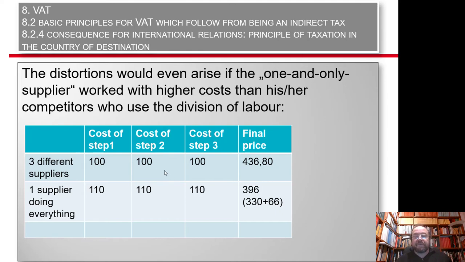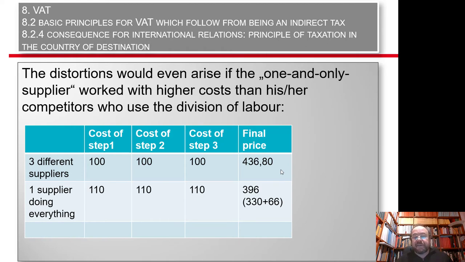Imagine again our 3 different suppliers A, B, C can perform their steps of production for a cost of 100 each. Then you end up with a price of 436.80 as I showed you some slides ago. And now let's vary the situation of the Scrooge McDuck empire. Imagine they waste money and Scrooge McDuck can only perform all the steps of production for 110.